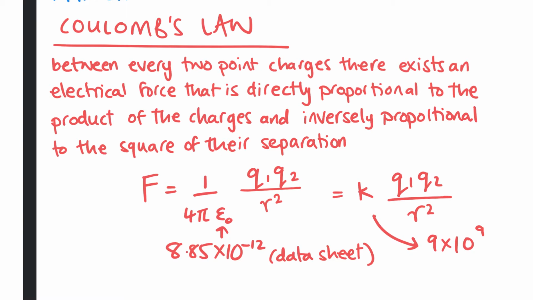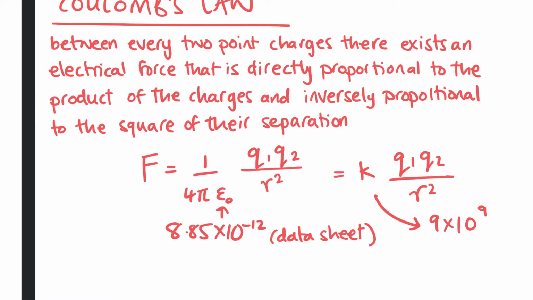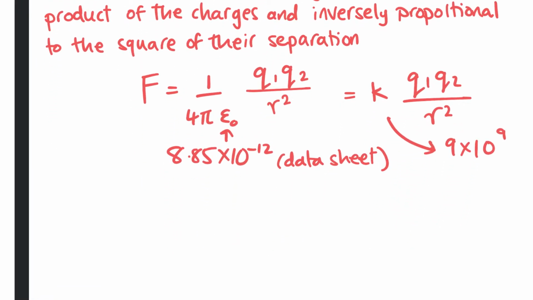So one important difference between the force between charges compared to the force between masses is that when we're looking at charges, that force can either be attractive or it can be repulsive. So if we have two charges that are the same, for example, two positive charges, well, we know that two positive charges will repel each other.